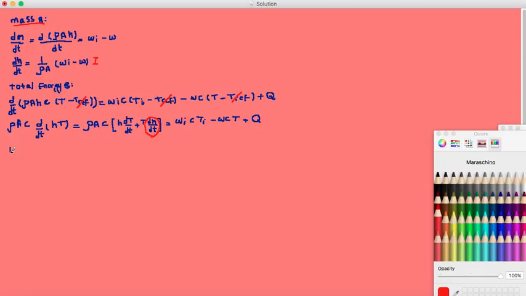We will have rho A C multiplied by H dT by dt plus T multiplied by 1 divided by rho A, omega I minus omega, equal to the right hand side of the equation.